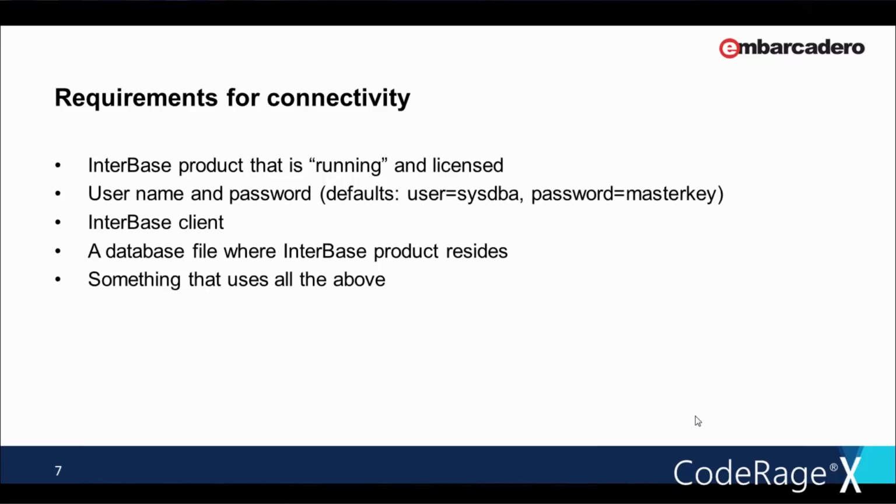The defaults for InterBase are the username sysdba and the password masterkey. That's what we're going to use today. We need an InterBase client. We've seen some of those. We need a database file. That database file has to be on the same file system that InterBase resides on. We're going to use the employee sample database for all the examples today.